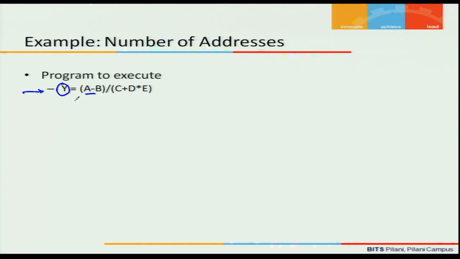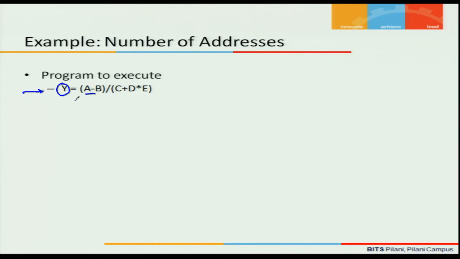So how would I write a program to do this if I have, let us say, a 3-address machine? How would I do it if I have a 2-address machine? And similarly, how would I do it if I had a 1-address machine? Let's see them one by one. Supposing that you have a 3-address machine.